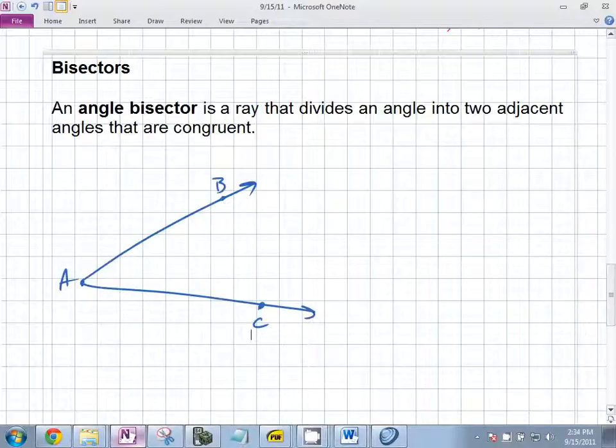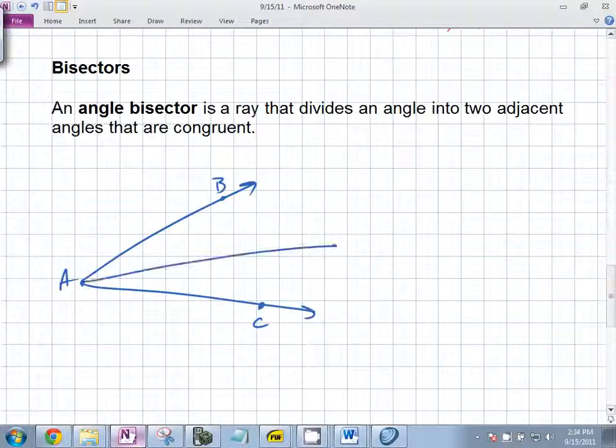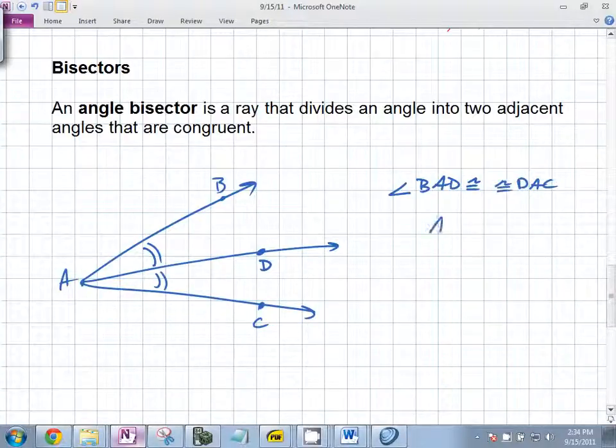You're drawing a ray, AD, in between B and C, such that this angle and this angle are congruent. The angles are congruent. So you know that angle BAD is congruent to which angle? DAC. Exactly. And the angle bisector is this ray, AD.